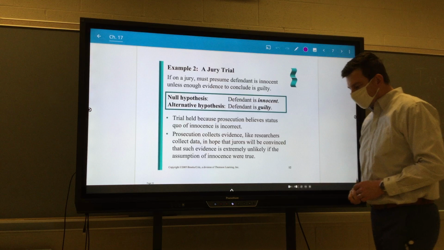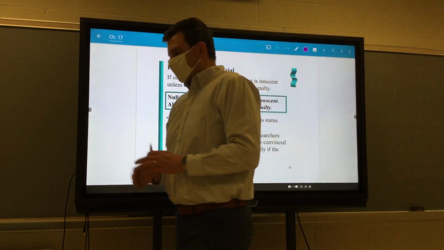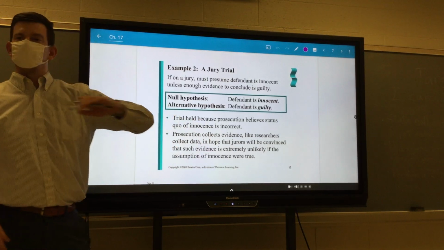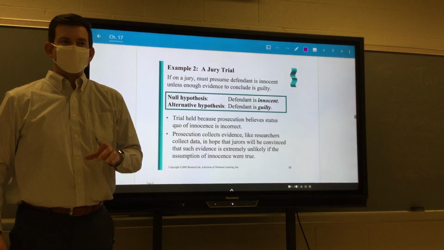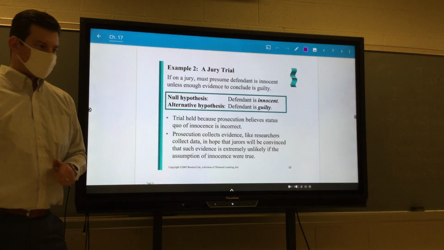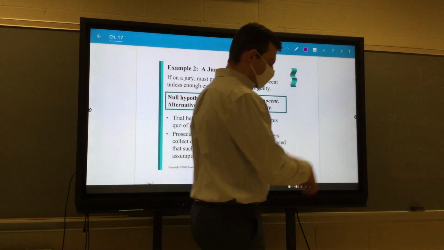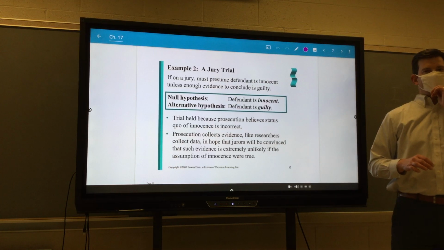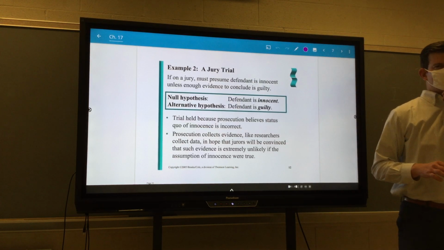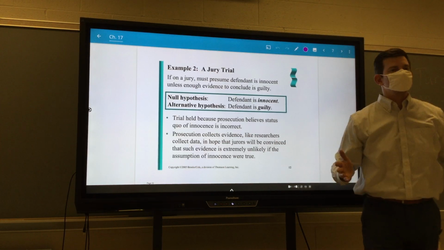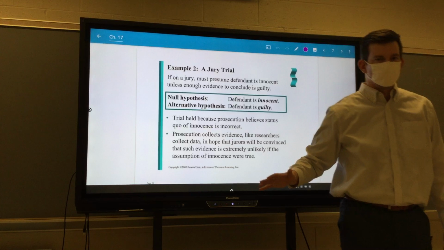A good way to compare this, and this is a metaphor that we're going to use through the rest of the year, is to look at our judicial system. I said that we go into this statistical process with the idea that what we previously know to be true is true. It's the status quo.